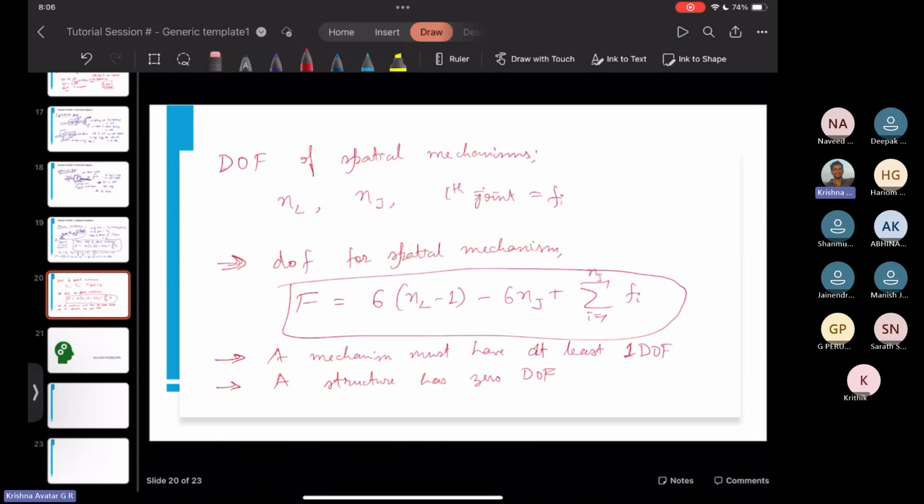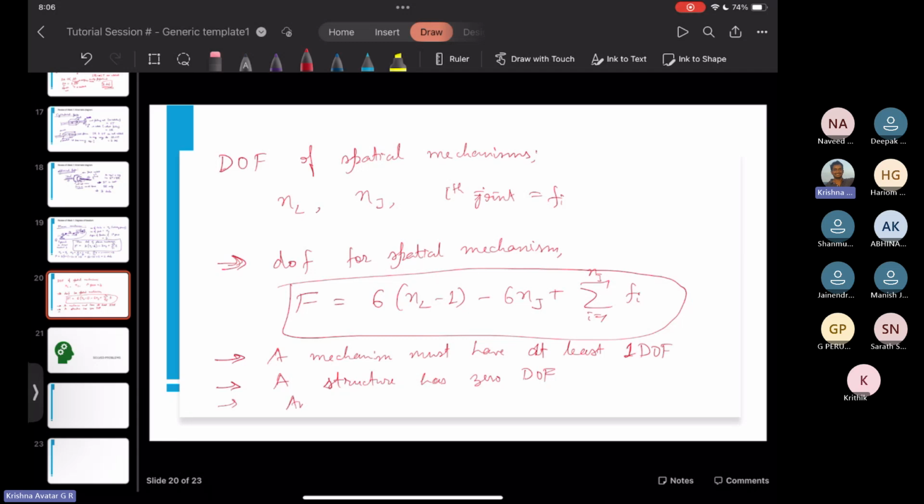Why? Because you cannot move it. It's fixed at one place. You cannot rotate it. Although it's such a connected network of links, it does not have any degree of freedom. So an interconnected set of rigid bodies like that is called a structure.